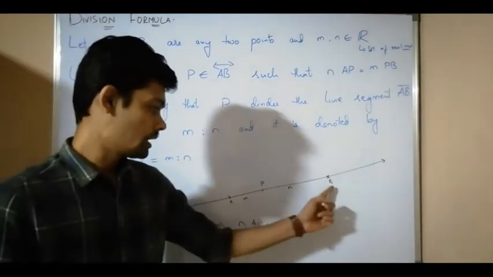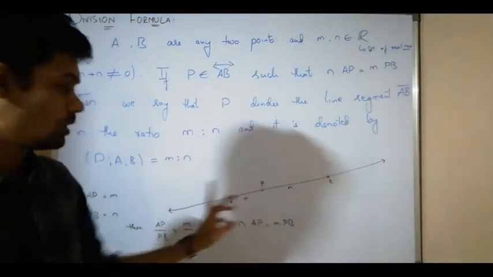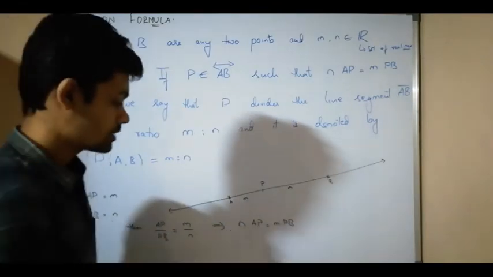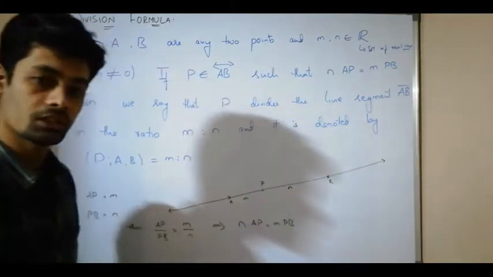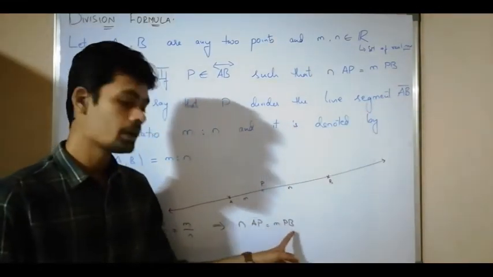If A and B are any 2 points and P belongs to the line AB which satisfies this condition, what is this condition? n into AP is equal to m into PB.